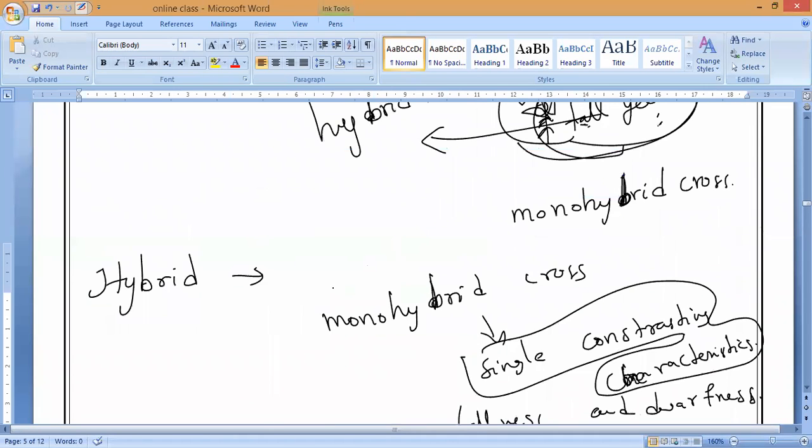Tallness or dwarfness, yellow or green seeds, the shape round or wrinkled, and the colors of the flowers, either white or violet. These are the directly visible contrasting characteristics of the pea plant.